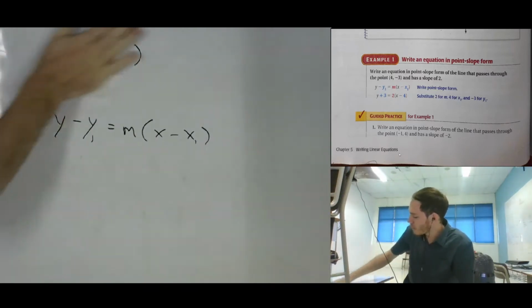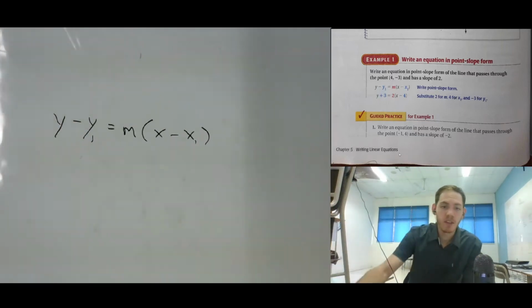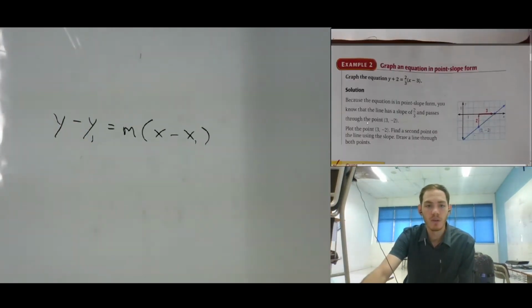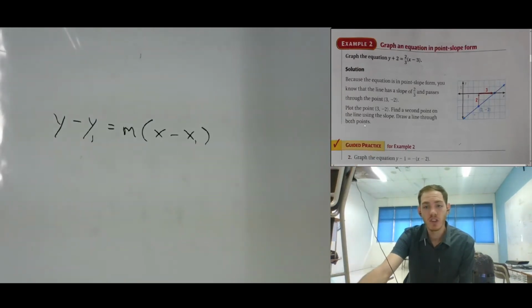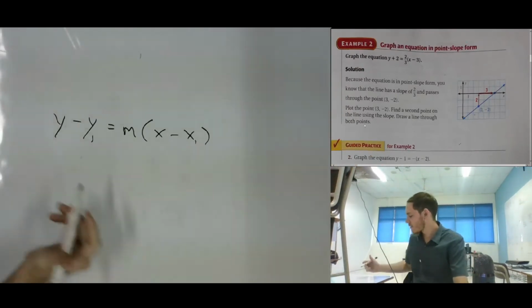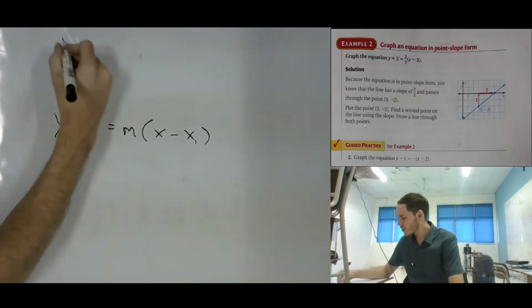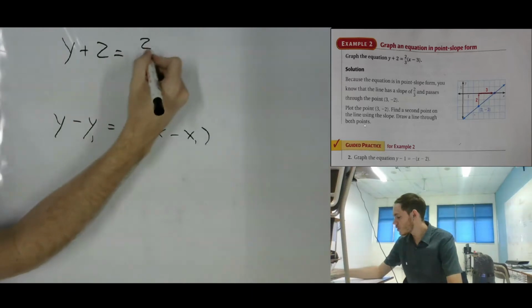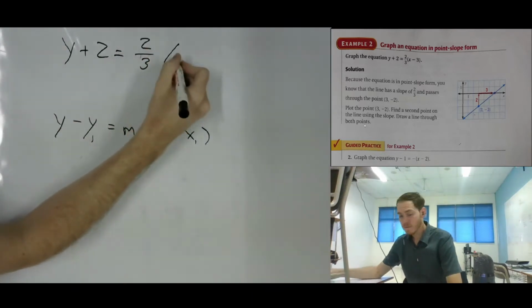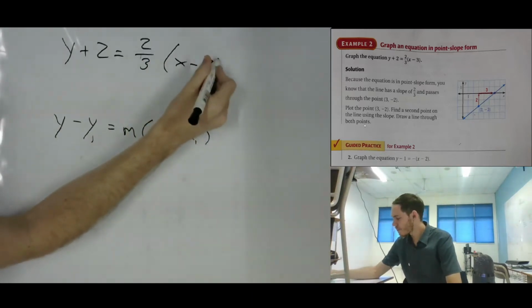Now, what if it's not given to you as a point and a slope? What if you have 2 points, or you need to graph it? If you need to graph it, you start at the point that we have, okay? So hypothetical point slope: y plus 2 equals 2/3 (x minus 3), okay?